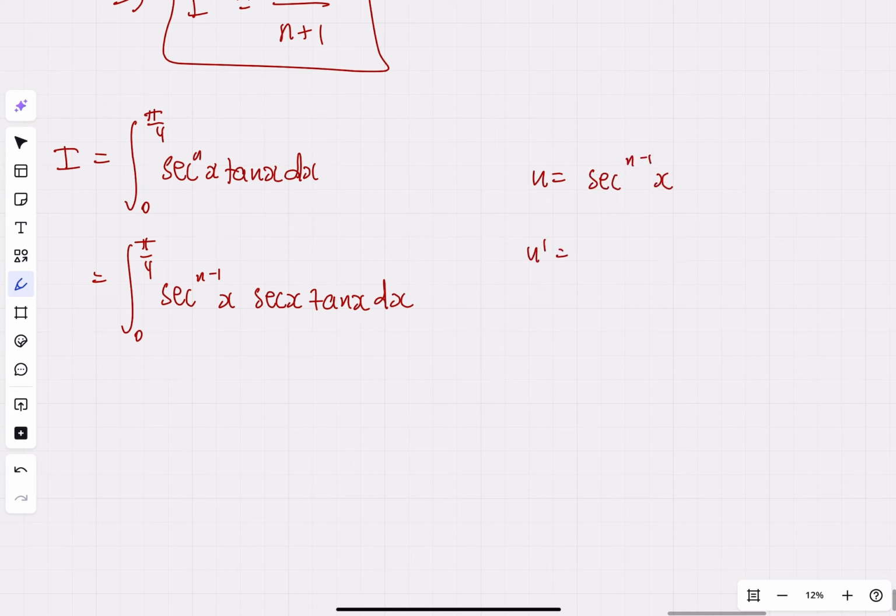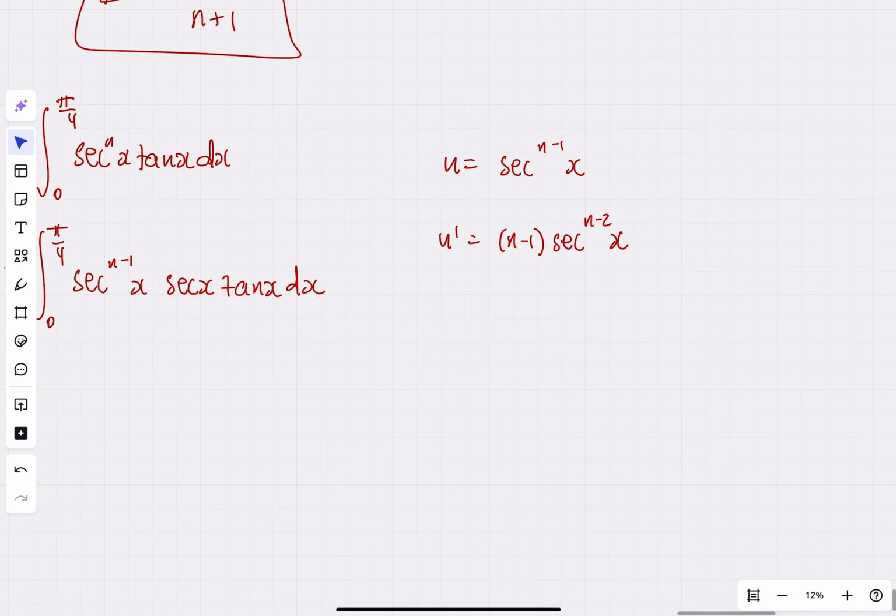That means my u dash by the chain rule is going to be n minus 1 sec to the power n minus 2 x multiplied by the derivative of the inside function, which is sec x tan x. Simplifying this is going to give us n minus 1 lots of sec to the n minus 1 x tan x.